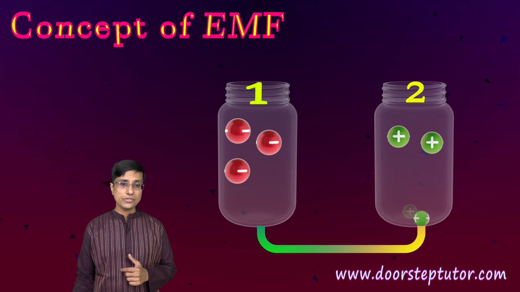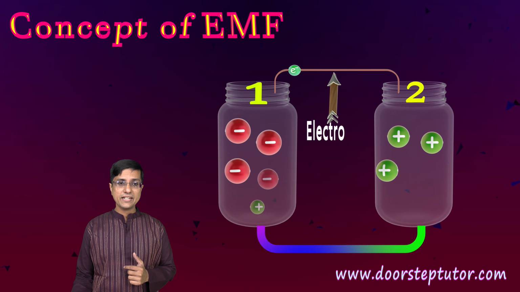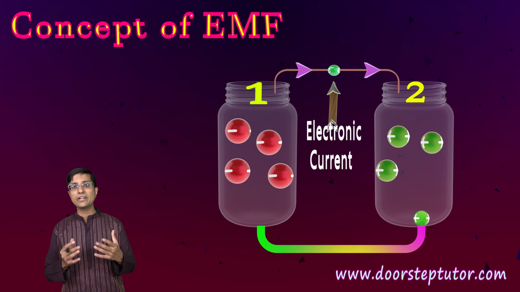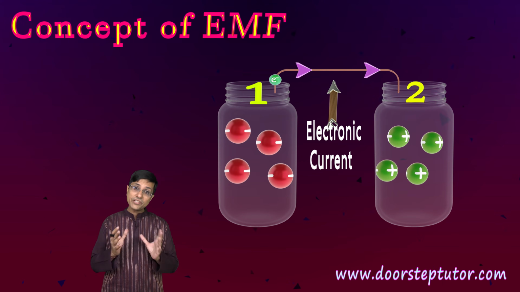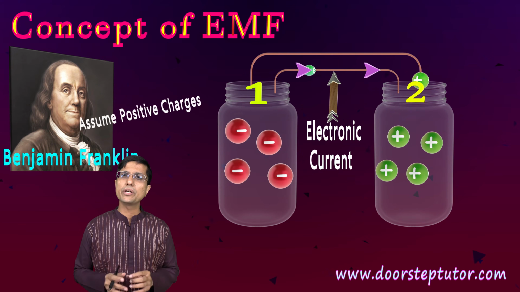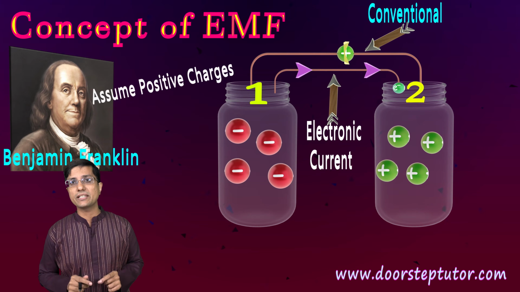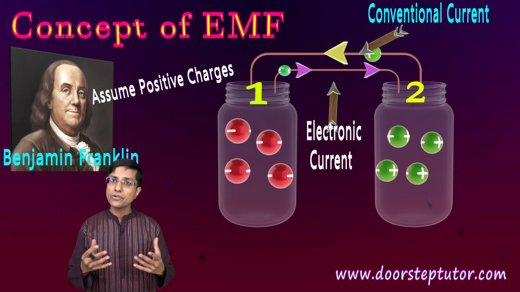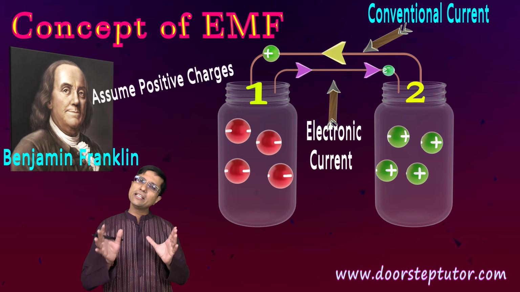This flow of electrons is known as electric current. Traditionally, when Benjamin Franklin was doing his experiments, he just assumed that the current was due to positive charges and not negative. In his times, they didn't really understand electrons.